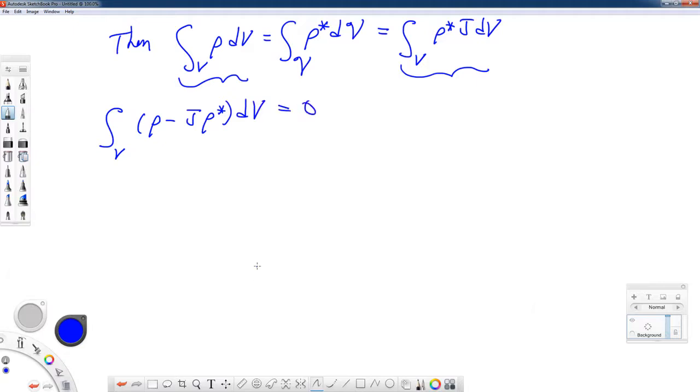Since the volume of integration is arbitrary, if the integral goes to 0, the integrand must go to 0. Then the density is equal to the Jacobian times the new density. Or we can even say that the Jacobian can be used to find the density ratio of these two materials. This is known as the Lagrangian continuity equation.